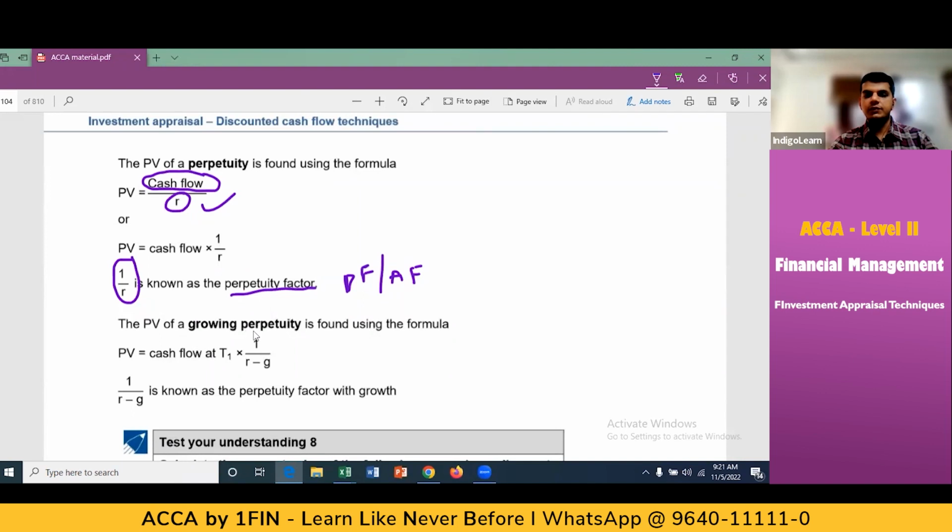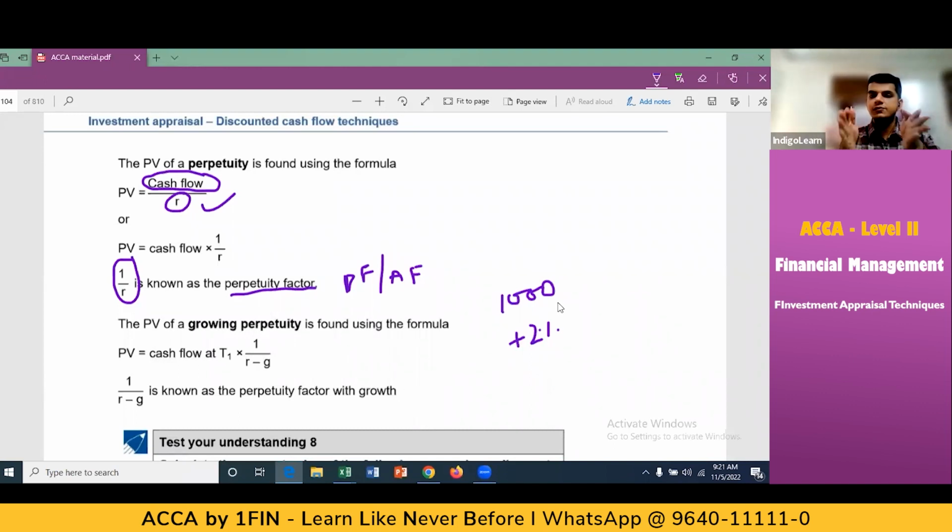The PV of a growing perpetuity is found as follows. Suppose I say you will be receiving 1,000 every year with a growth of 2%. So the first year you will receive 1,000. Next year you will receive 1,020. Then again, like this, it will go on increasing.